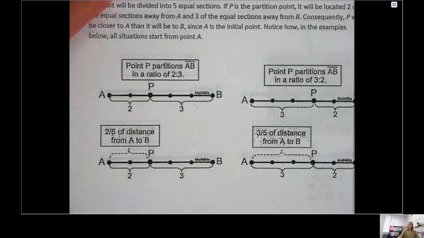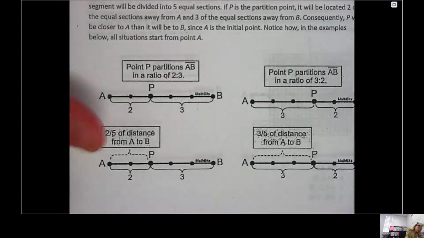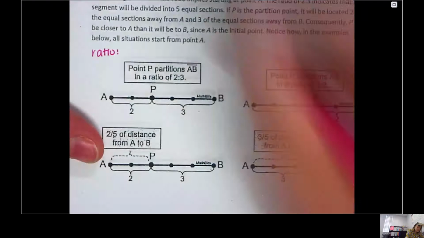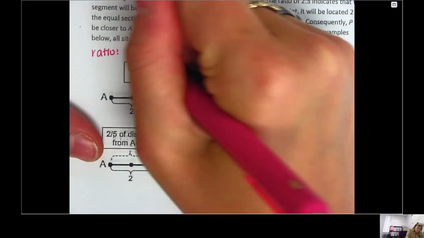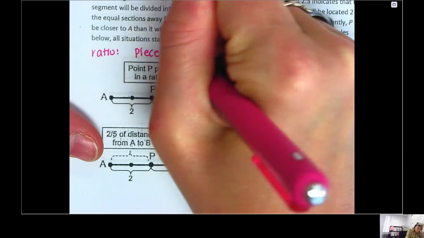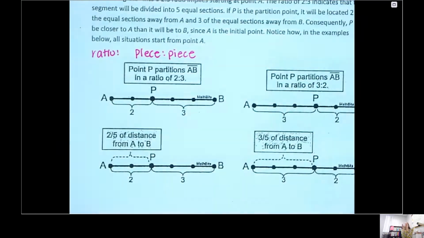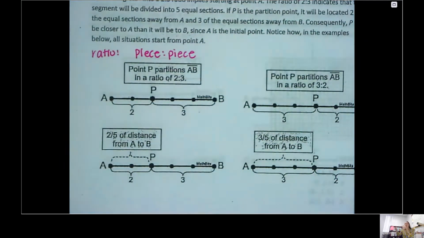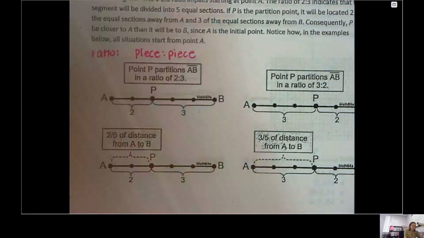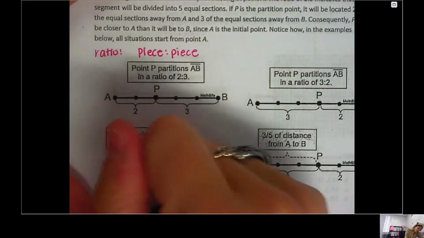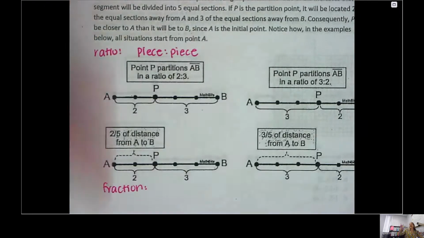A ratio, and you're going to write this with me, uses pieces to pieces. So it's piece to piece. It's not the whole thing. It's saying how many parts do you have, and how many other parts do you have? A fraction says you've got a certain amount of pieces out of the whole thing, or out of your total.